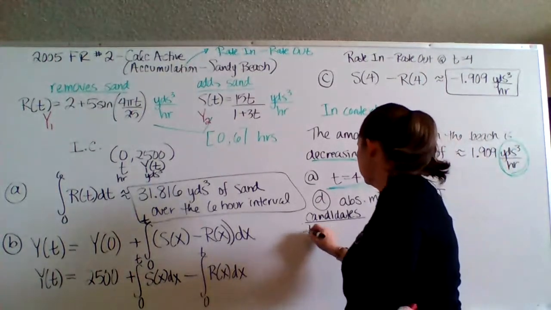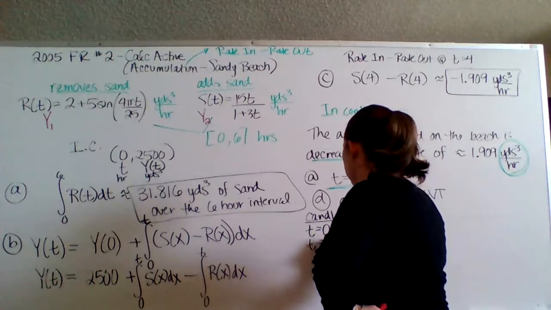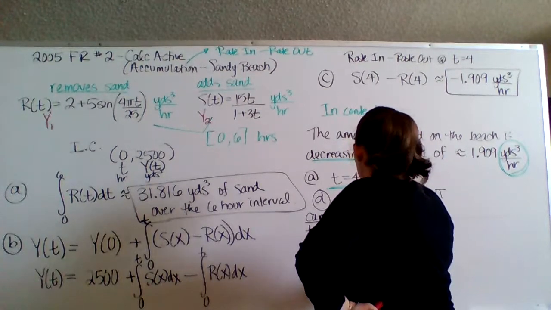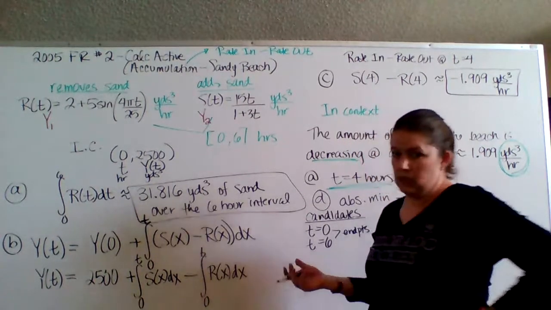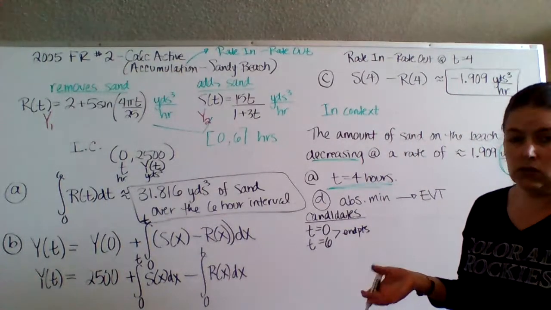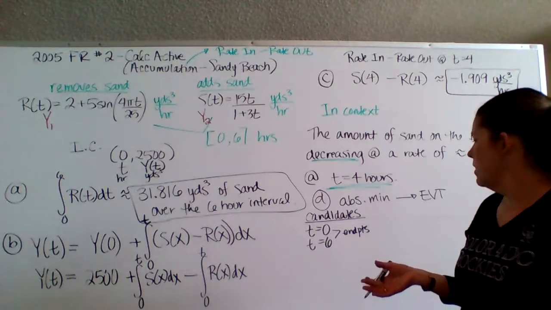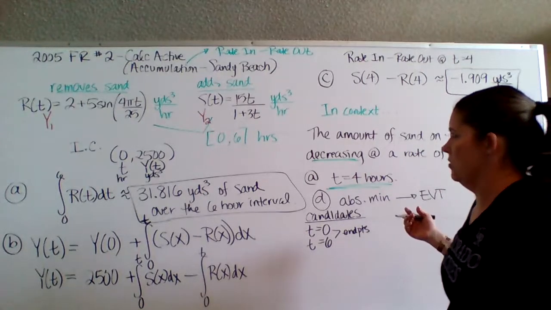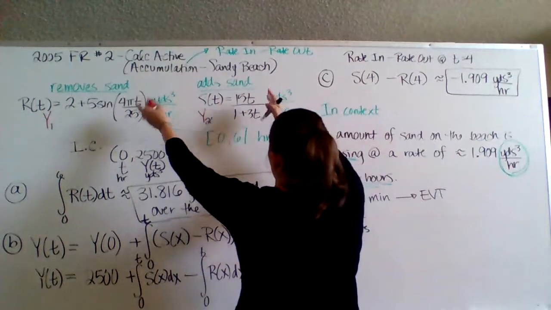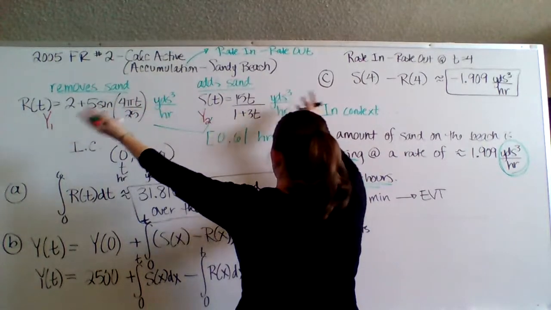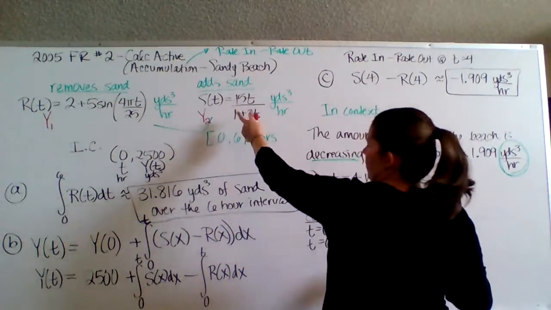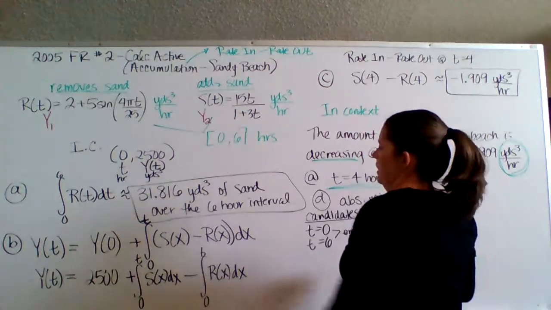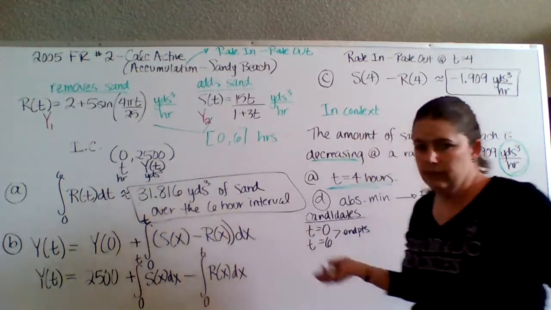So we know we need to test time t equals 0 and t equals 6, because those are our endpoints. Plus they restated those in part D's directions, right? So we know that we've got to test our endpoints. You just have to be continuous for EVT to apply, and these are going to be fine. These are going to be values that are defined everywhere except negative 1/3, and that's not even in our time from 0 to 6, so we're fine.